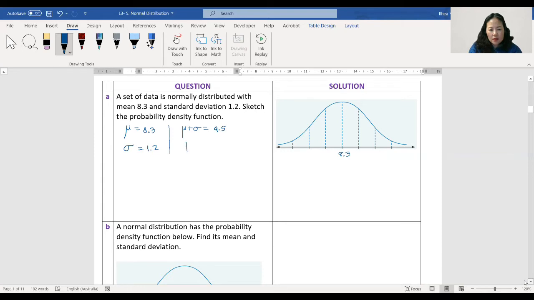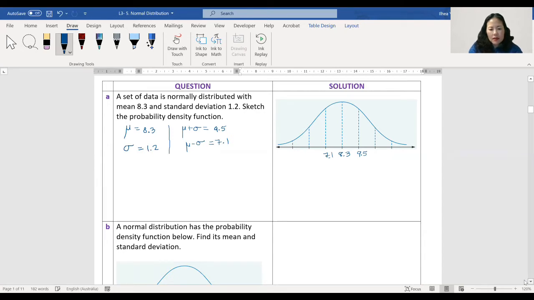I'm going to work out both sides at the same time. I think that's easier. Mu minus sigma is 7.1. So that's my 9.5, and that's my 7.1.